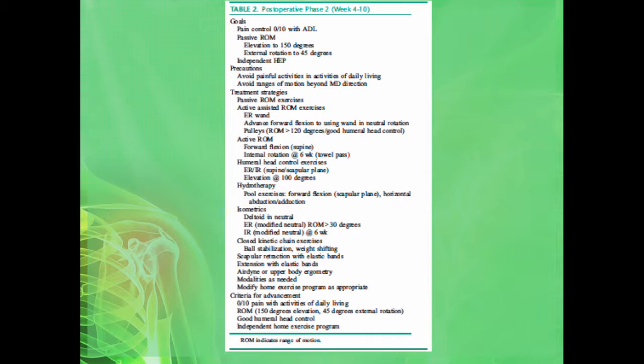In order to move on to the next phase, the patient shouldn't really have any pain with ADLs, and our range of motion goals to move on is that they've achieved 150 degrees of elevation in the scapular plane and 45 degrees of external rotation.